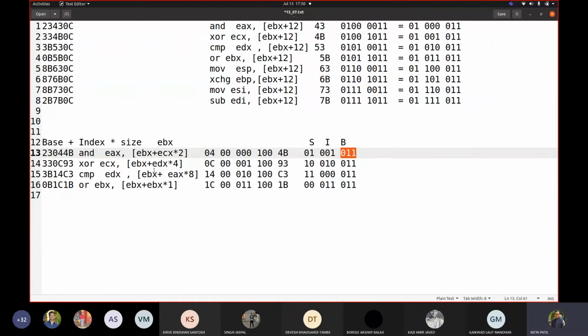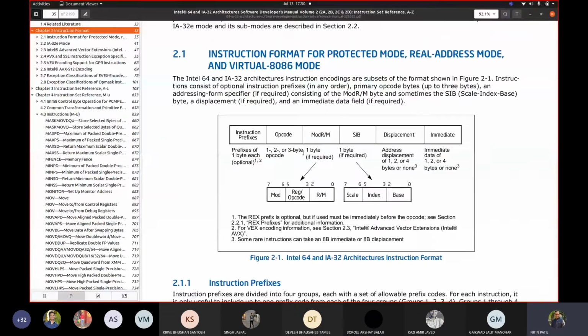Whatever the index register is, that would be written here. Depending upon your multiplication factor, 1 to 8, these would be the things. Let us see that SIB.